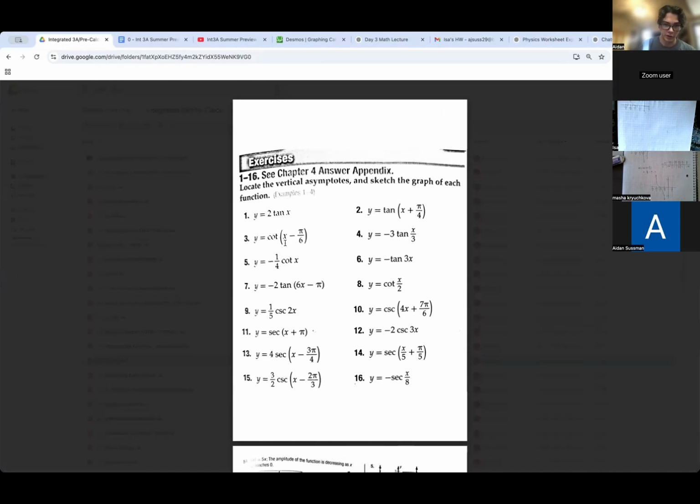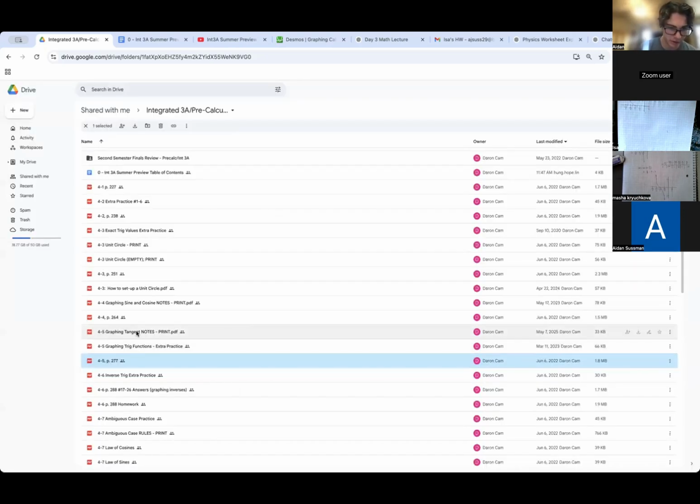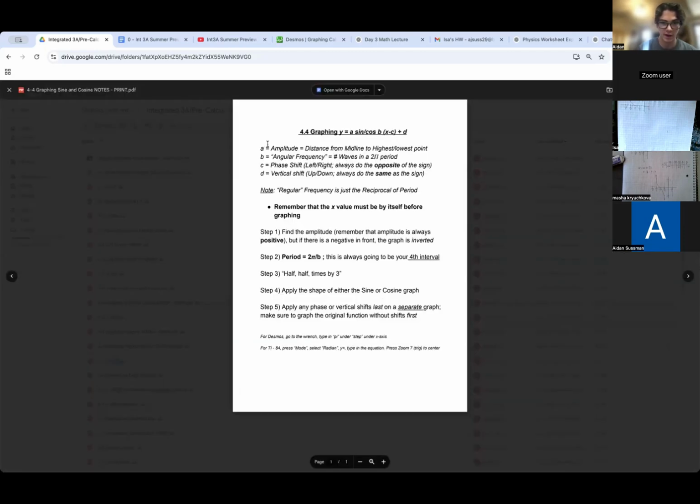And remember, all we're going to do is follow those steps. So for cosecant and secant, we're going to first graph sine and cosine. And if you ever are having trouble remembering how to do this, take a look at our notes. This is to help you remember what everything is for sine and cosine. It tells you your period. It tells you if you remember the shape, right?